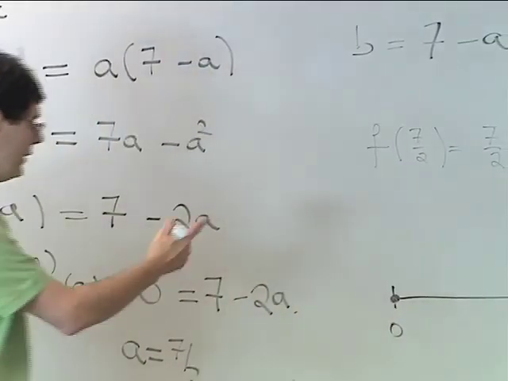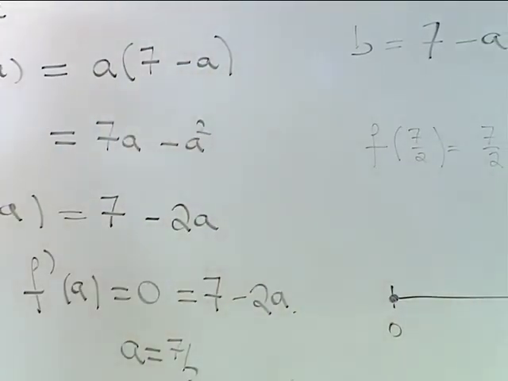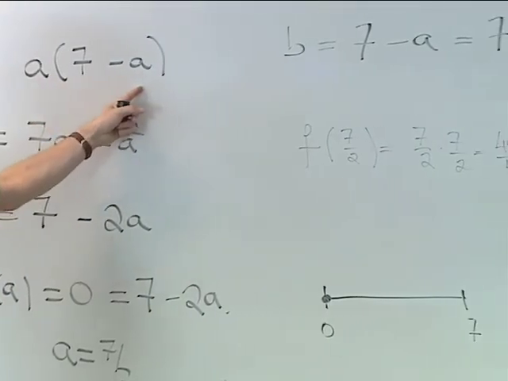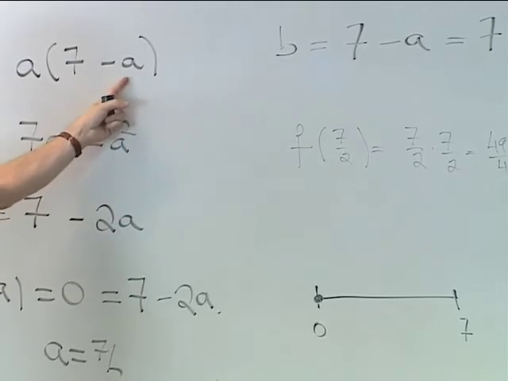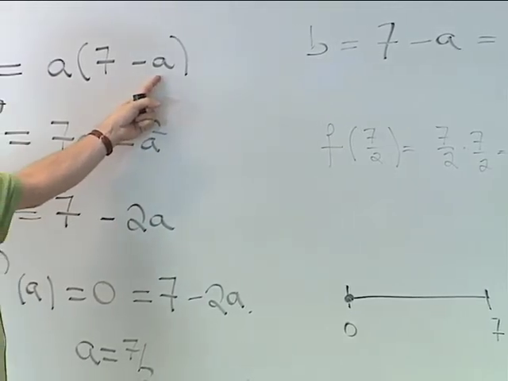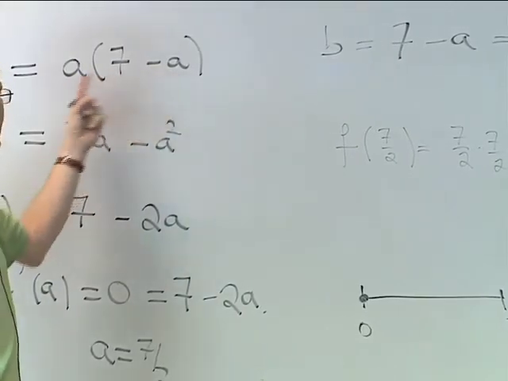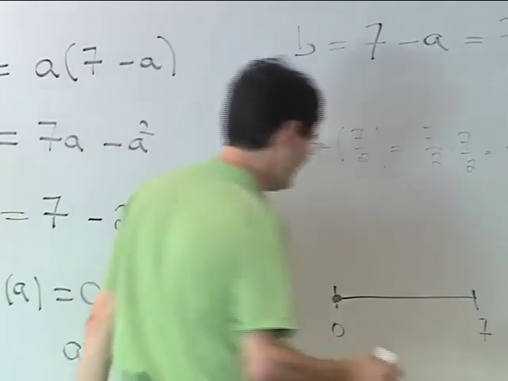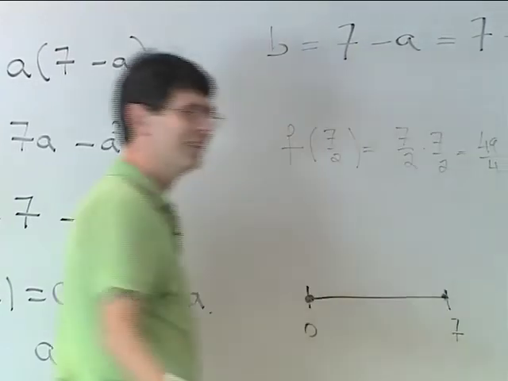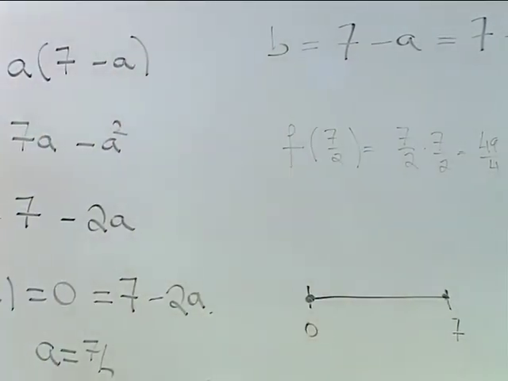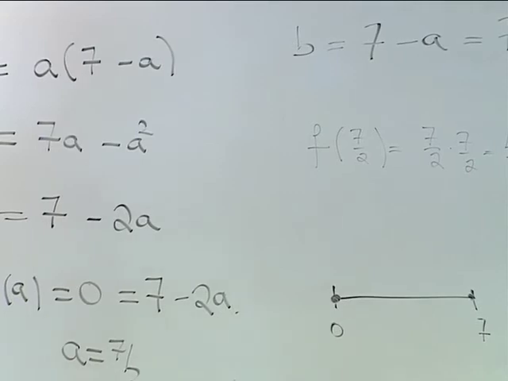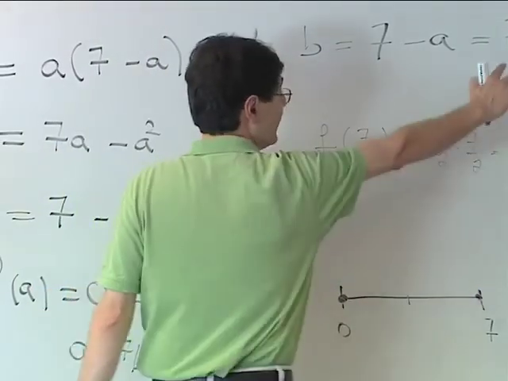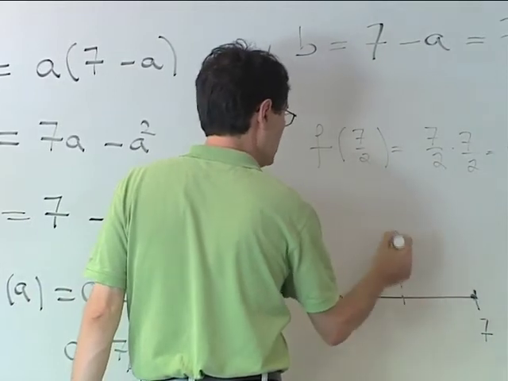If A is 7, the product is? Now, plug in 7 for A. What do you get? 7 times 0. Sorry, it's a bit tricky. So there you go, 0 and 0. If you're right in the middle, the value is 49 on 4.